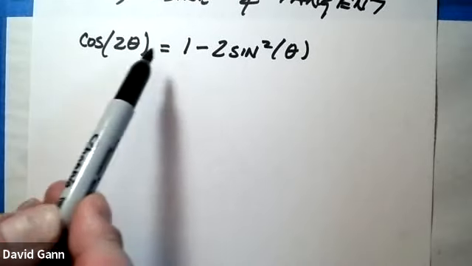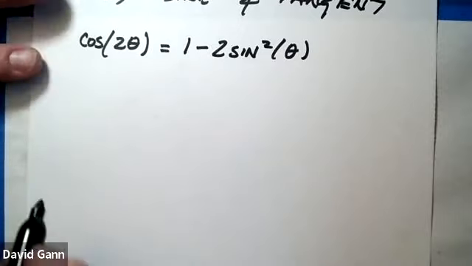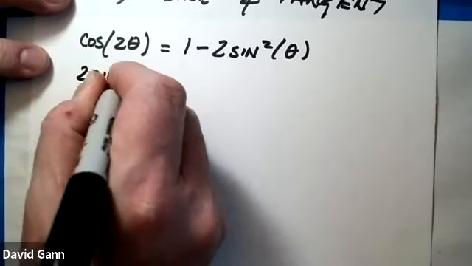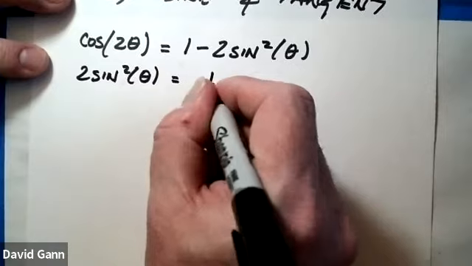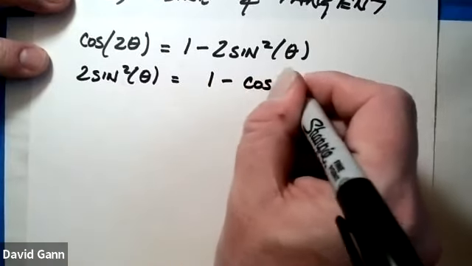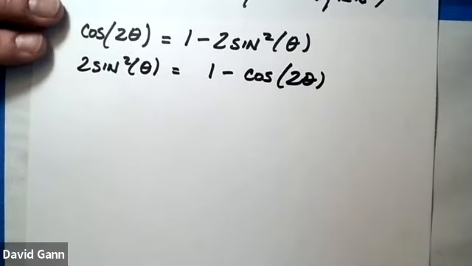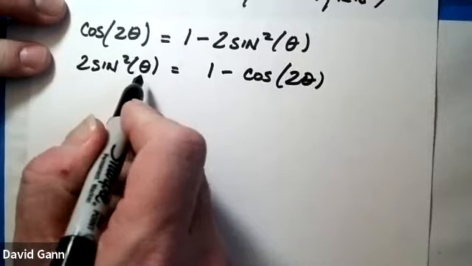So what we'll do is we'll rearrange this equation and solve for sine. So doing that, we end up with 2 sine squared of theta is equal to 1 minus cosine of 2 theta. It's a little quick algebra there. And then solving this, we're going to divide by 2, and then we're going to take the square root.